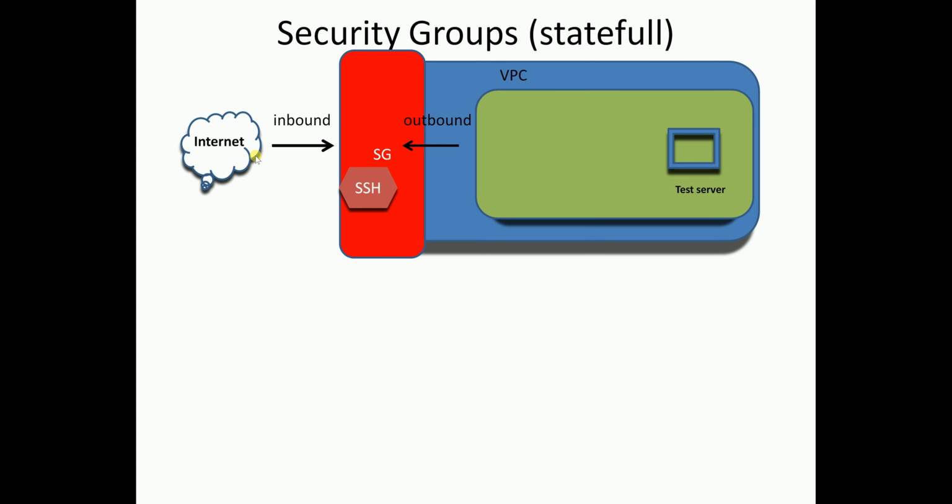If we configure the inbound rule to allow the SSH port from outside, the outbound rule will automatically be configured too. This is called stateful. You can create a rule for either inbound or outbound, and it works both ways. So this is called a stateful firewall.